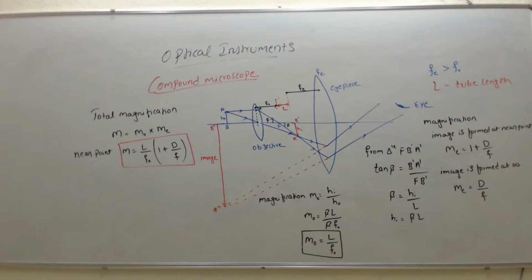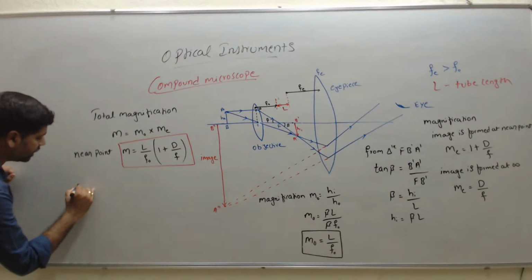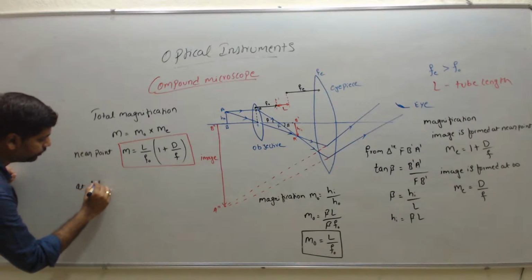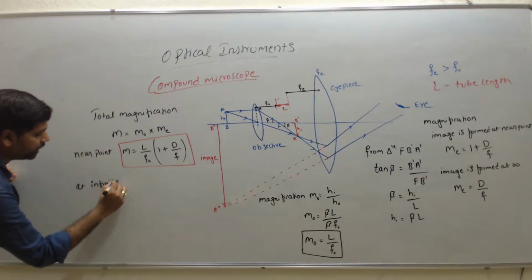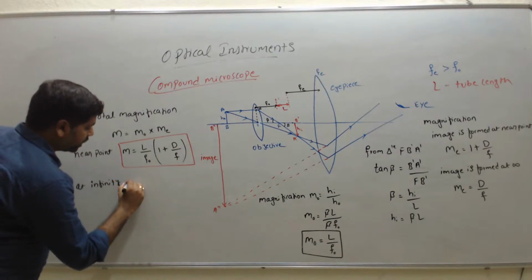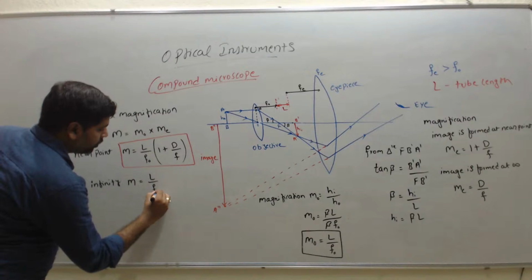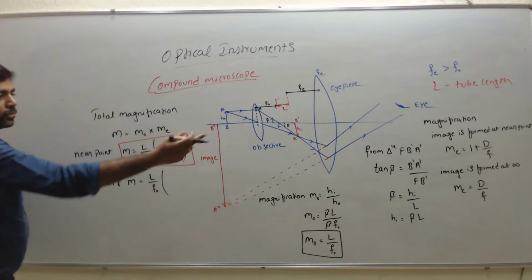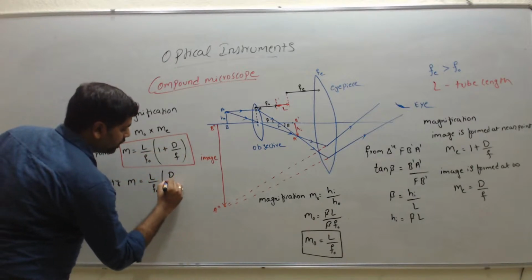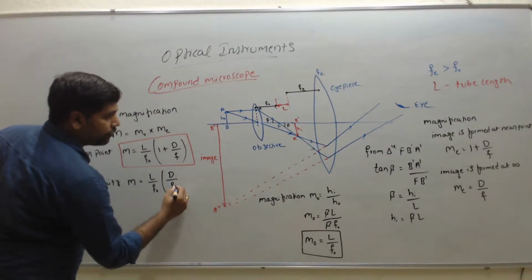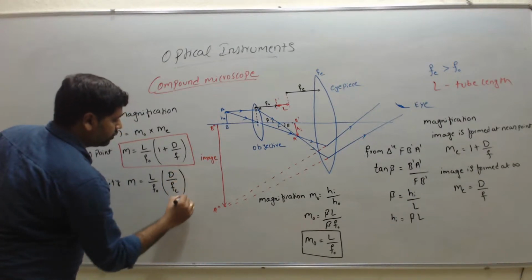If we write at infinity, that is the image is formed at infinity, the total magnification M can be written as L by FO into ME, which we take as D by FE.